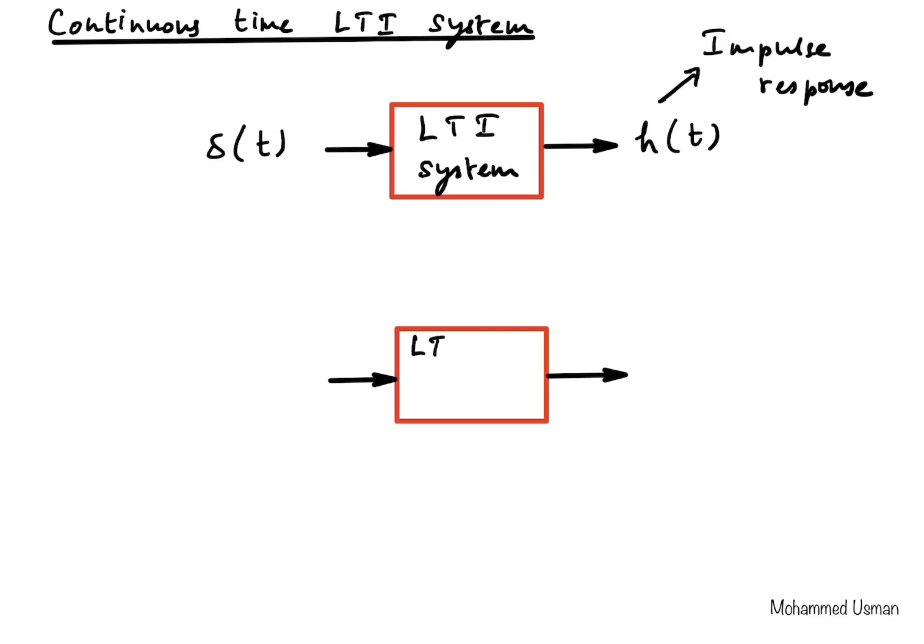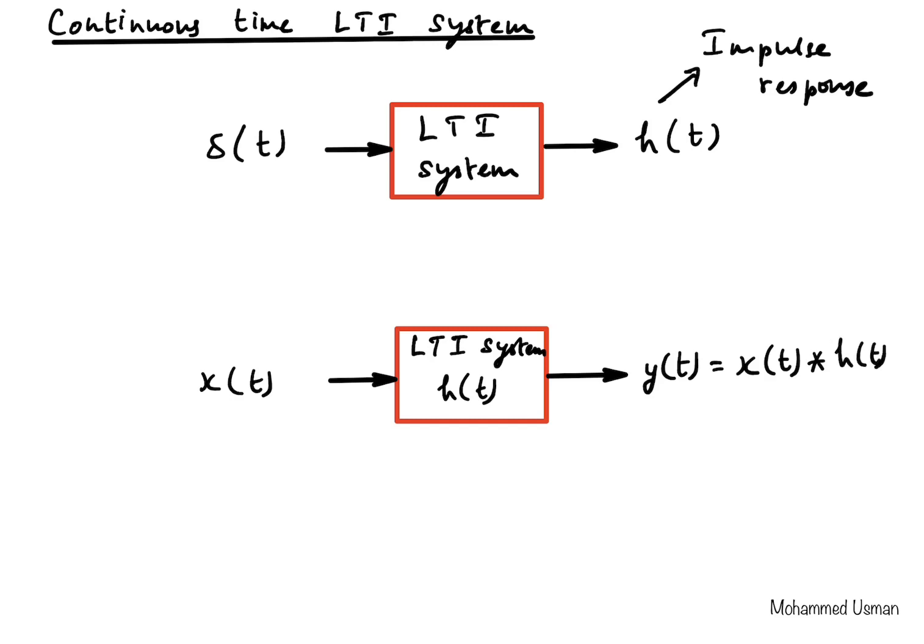With that information about the impulse response, we can find the output of the system to any arbitrary input x of t. For any x of t, the corresponding output y of t is the convolution between x of t and the impulse response h of t.